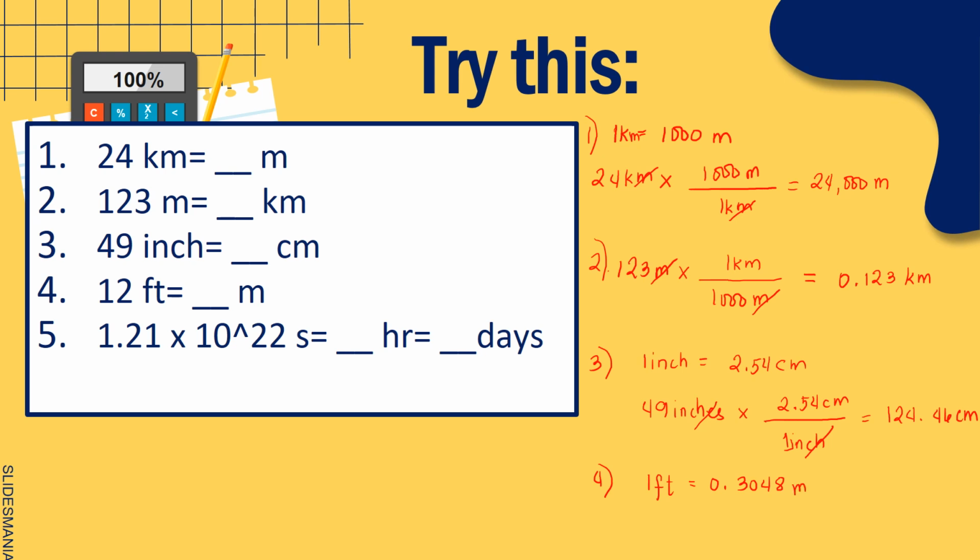So 12 feet times, we have to write 1 foot here, 0.3048 meters is equal to 3.66 meters. Cancel feet and feet. So we have 3.66 meters. 12 feet is equal to 3.66 meters.